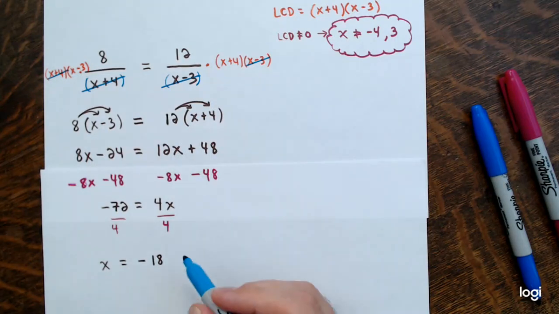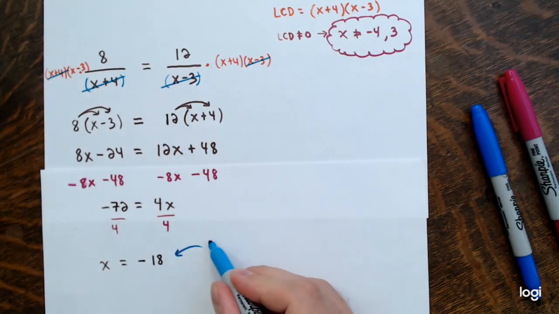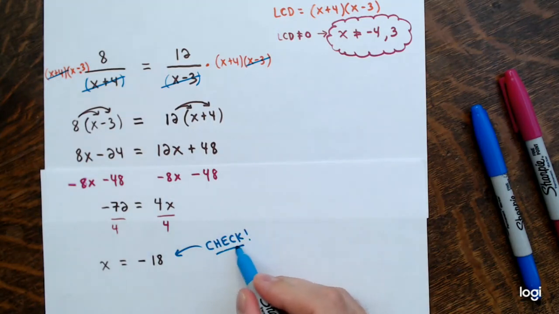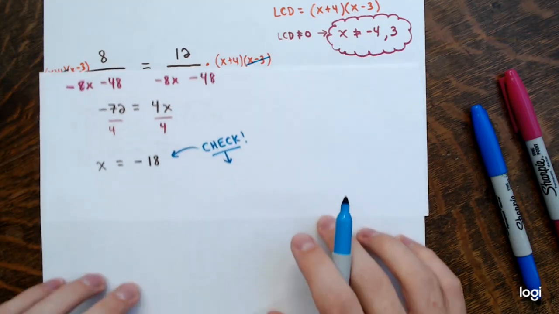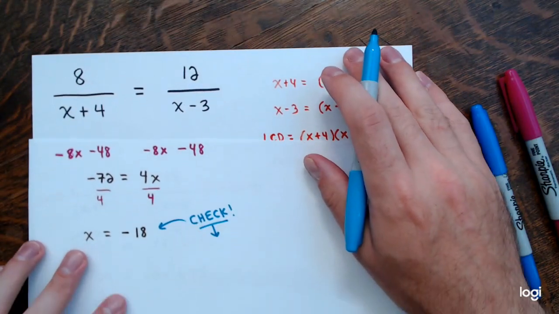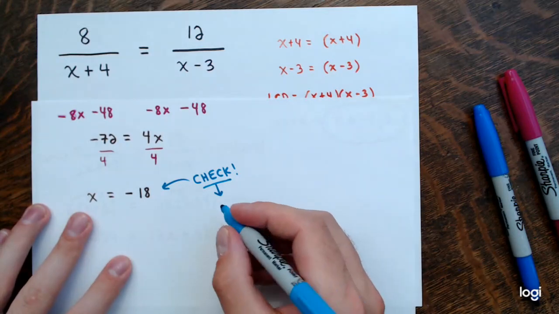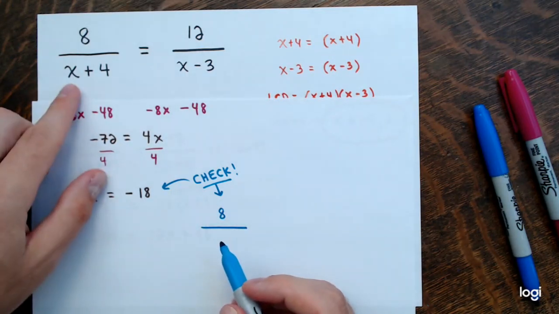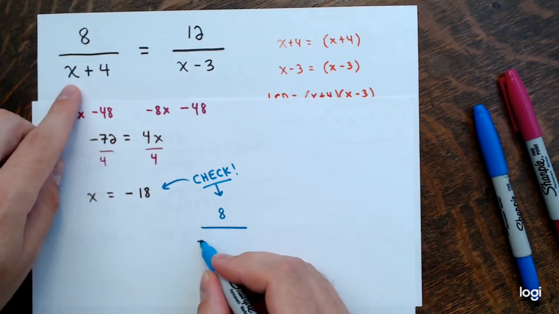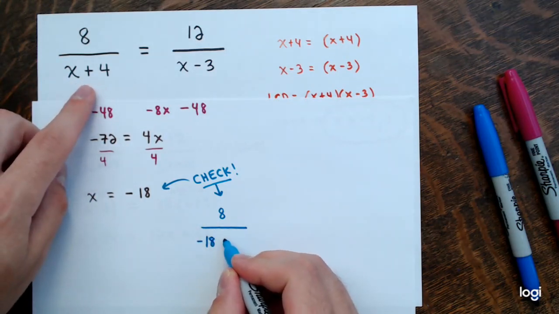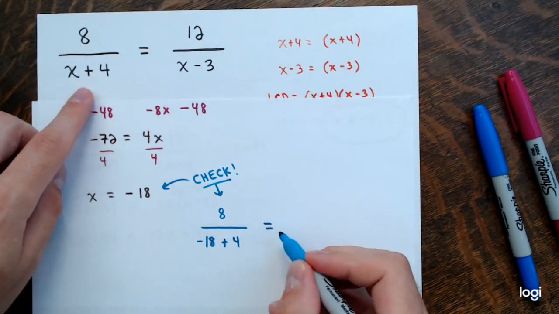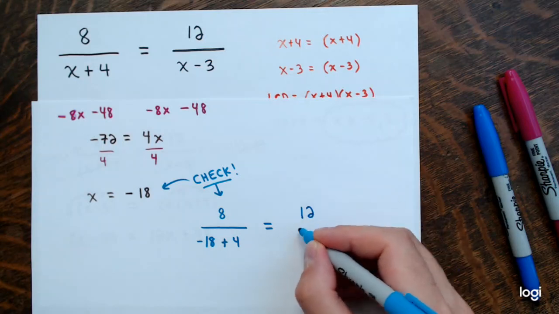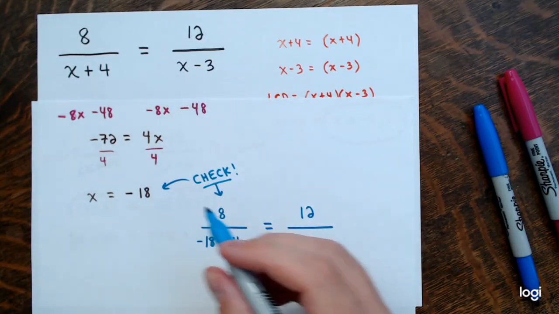I am going to check it. So you go back to the original problem. Let's check that right down here. So here's the original. So the left side I got 8 divided by, and then x is being replaced by negative 18. Negative 18 plus 4 in the denominator. Is that equal to 12 divided by, and then again x is being replaced by negative 18.